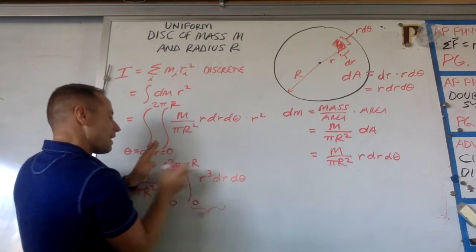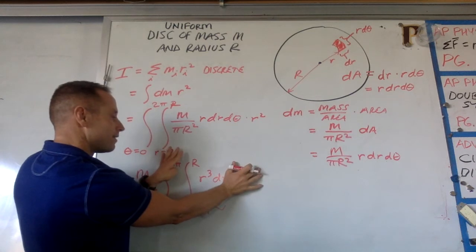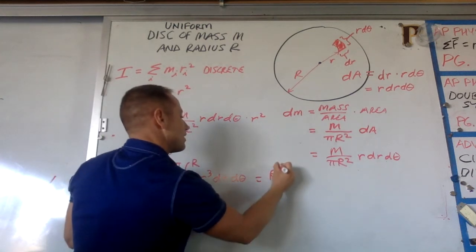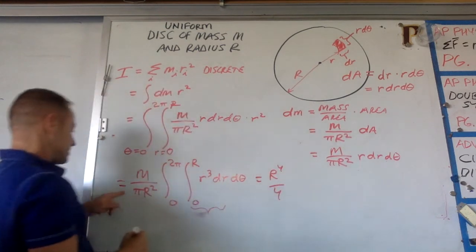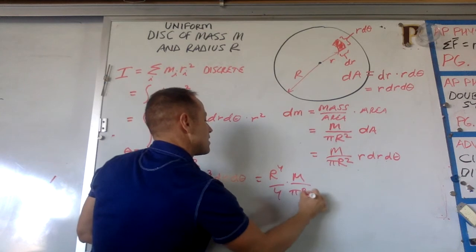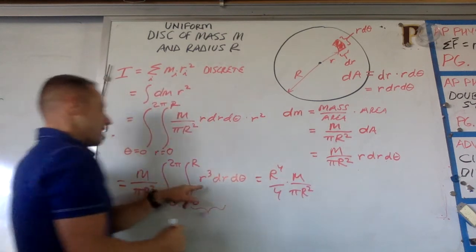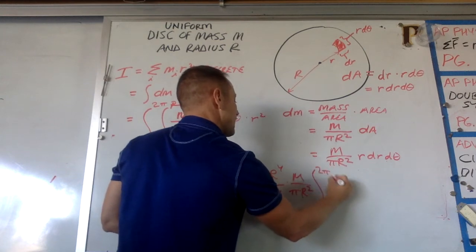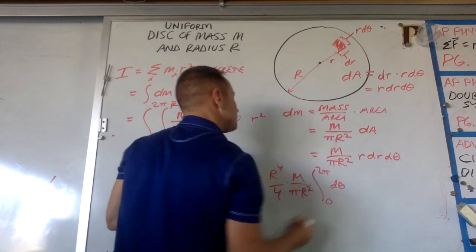So I'm going to pull that out front. We've got big R to the 4th over 4, still got this constant, m over pi big R squared. And then all that's left is this little integral, 0 to 2 pi d theta.